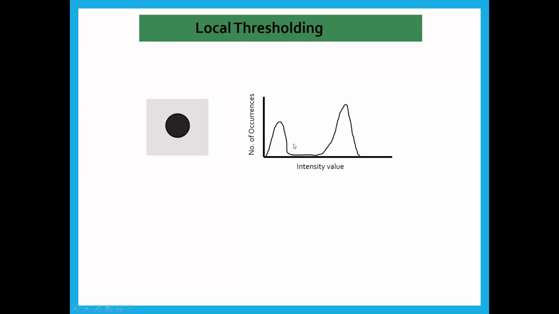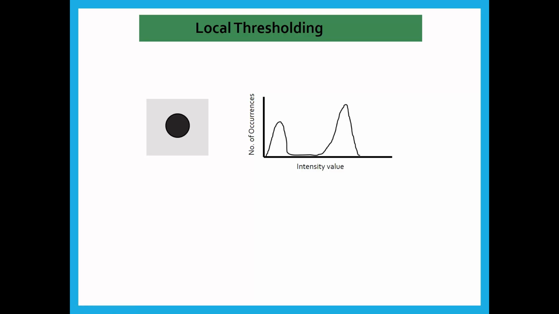The same area is occupied by the object as well as the background. So the selection of a good threshold value is very simple if there is a clear deep valley. In this case, we do not have any trouble selecting the threshold value.